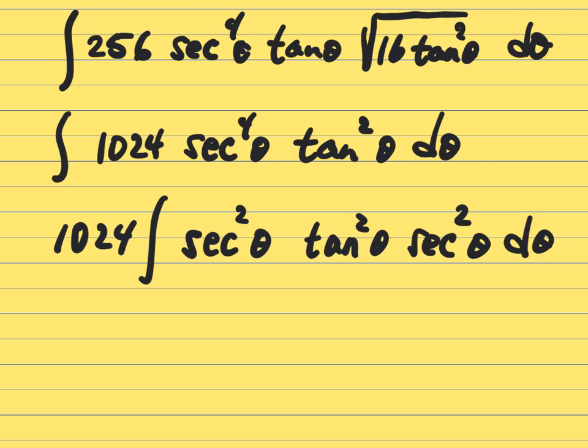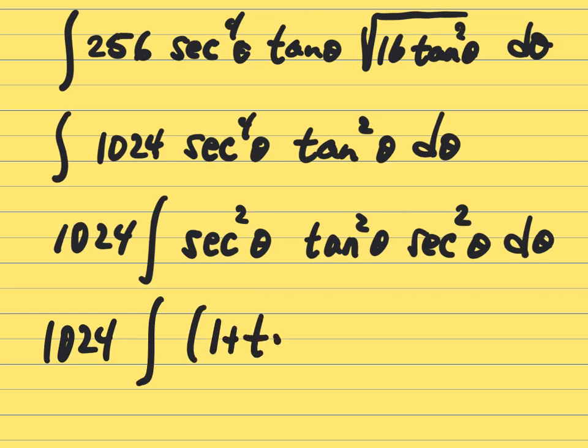From here, I'm going to change the first secant squared theta to 1 plus tangent squared theta. That's a Pythagorean identity. The direction I'm going to take this is I'm going to try to get everything in terms of tangent because its derivative is secant squared, and I've got that written out back in kind of in a holding pattern.